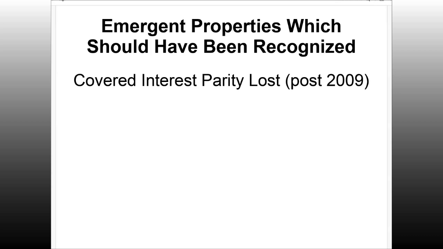If we are looking for the emergent properties, we're going to be finding novel outputs of processes which should have been recognized as emergent properties, but which, because of the methodologies used, were classified, regardless of how attenuated their goodness of fit may have been, into pre-existing categories. And the first of these is that covered interest parity was lost.